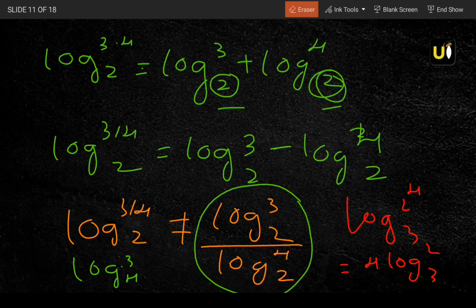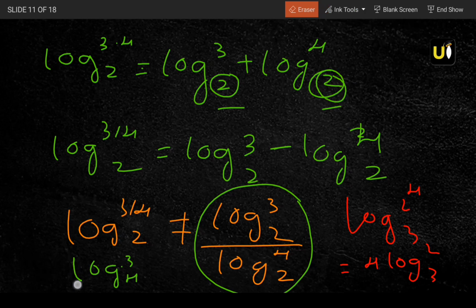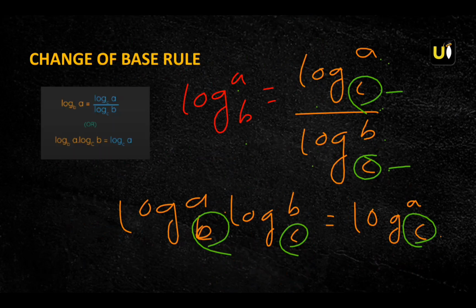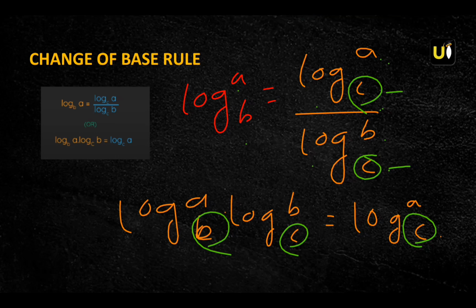Remember properly, I'm erasing this so that you'll not get confused. This case is different from the next case we have discussed now. You may come across many problems using this change of base rule. This may help you in simplifying the problems. You can just compress the terms.